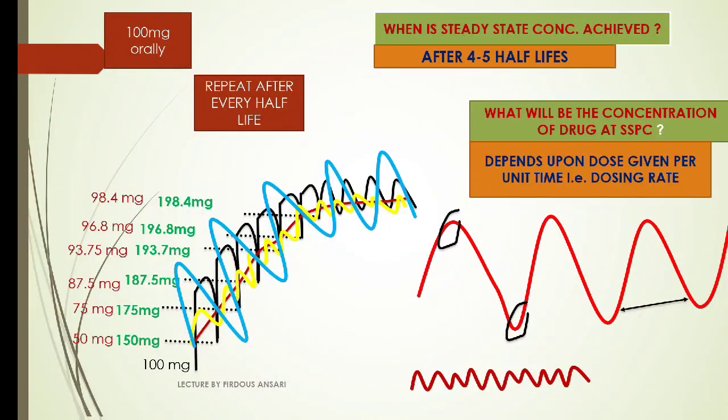Now I can explain this with a very simple example of amiodarone. Amiodarone is an antiarrhythmic drug and it has a very long half-life. The half-life of amiodarone is more than 3 weeks. For our understanding, just assume that the half-life of amiodarone is around 20 days.